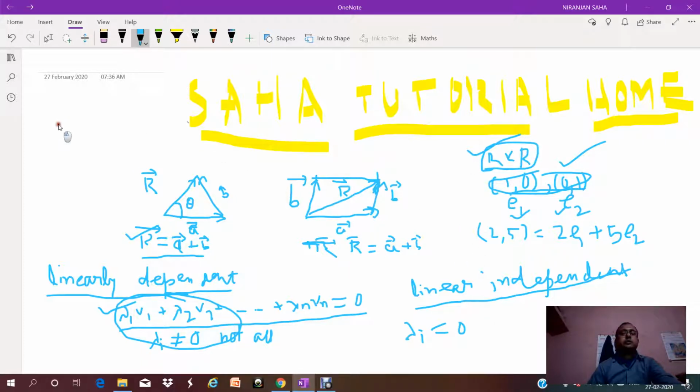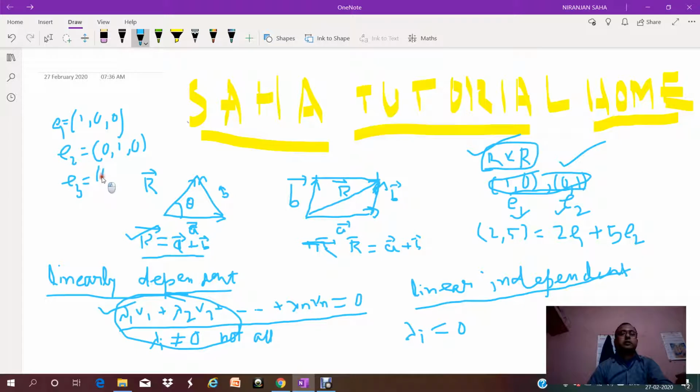For three dimensions, e1 will be (1, 0, 0), then (0, 1, 0). These are also independent, and this also you can verify.